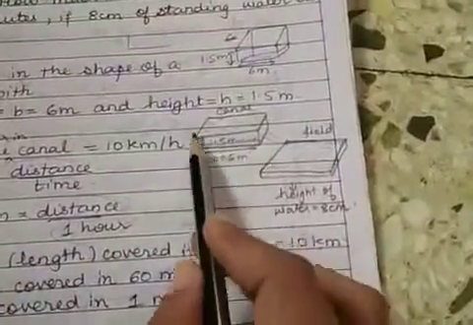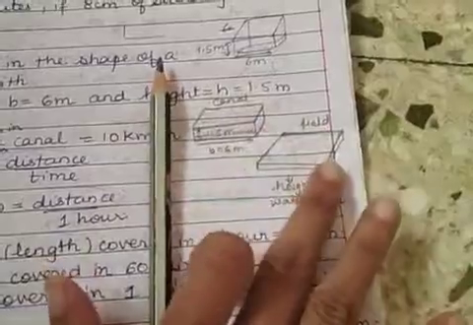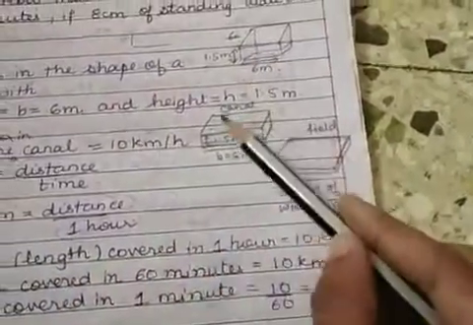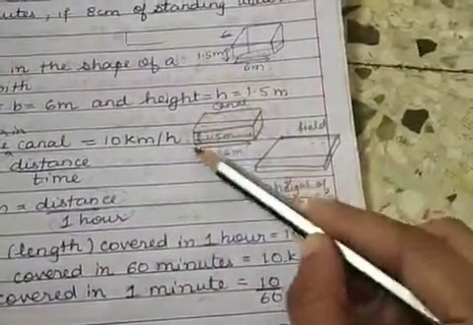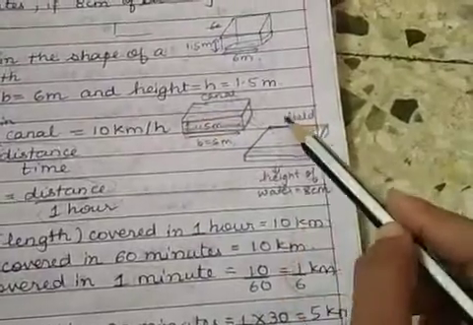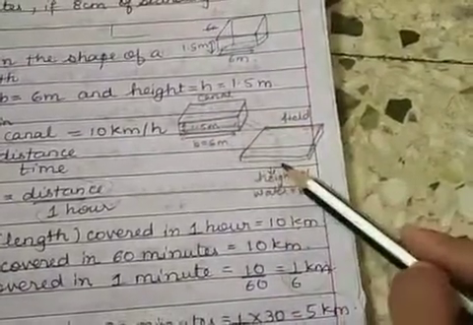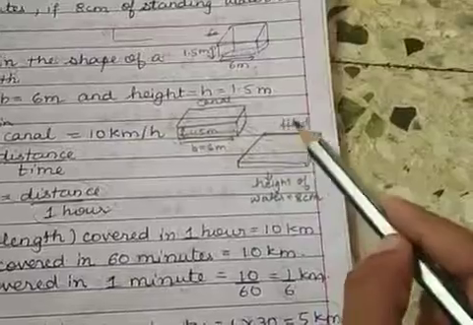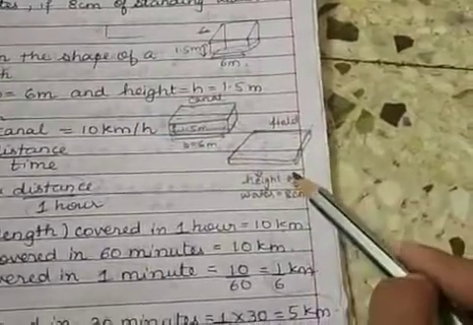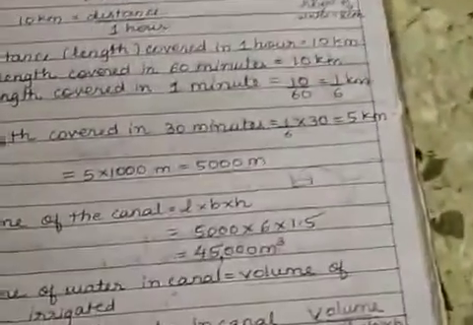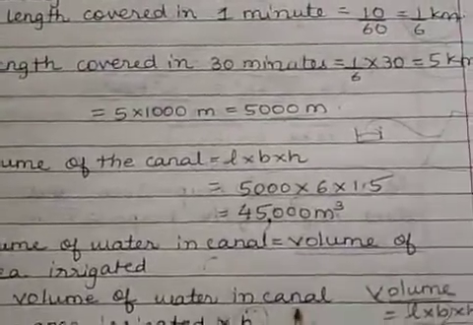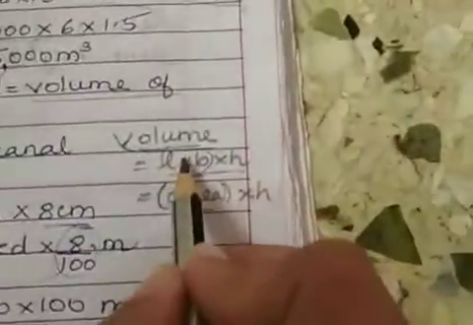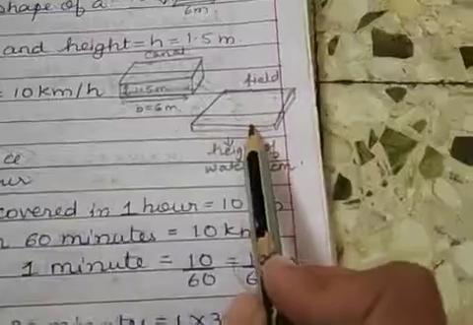Now whatever water is there here is irrigated into the field. So volume of water in this canal will be equal to volume of the area irrigated here, correct? So volume of the canal will be equal to volume of the field here. This is also in the form of a cuboid, right?